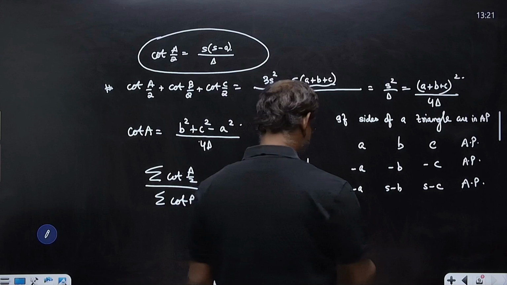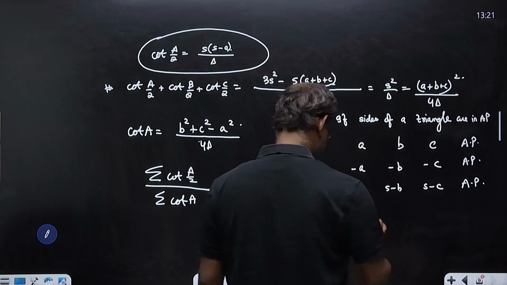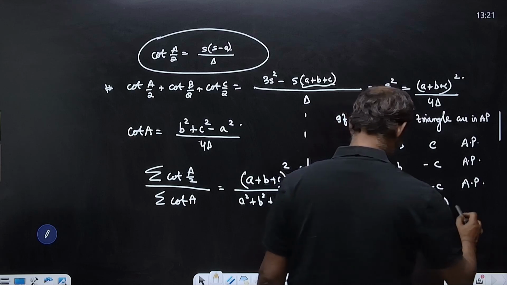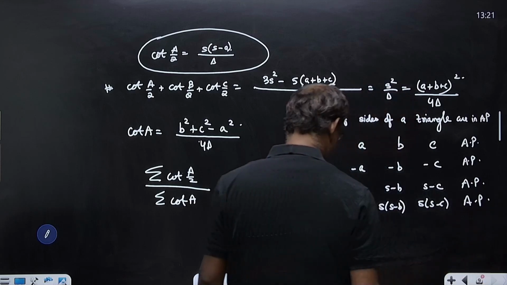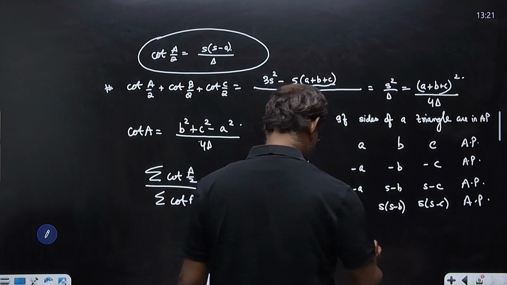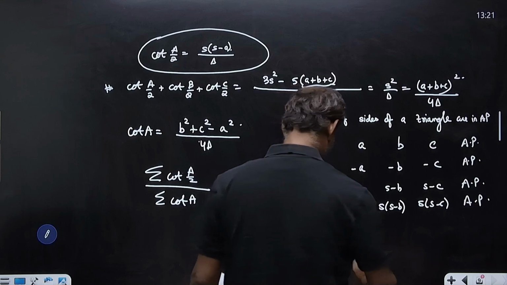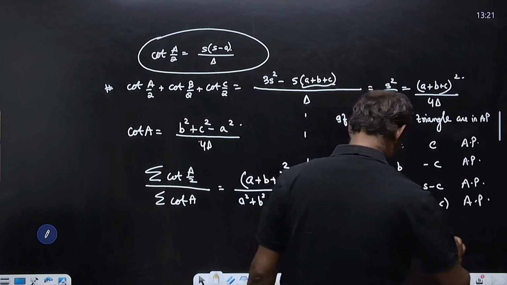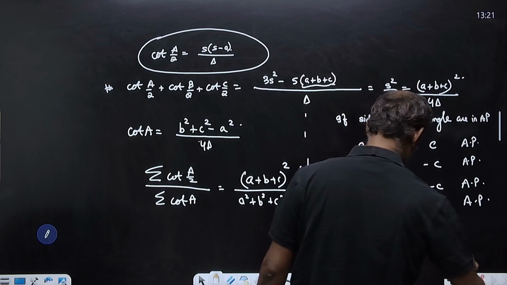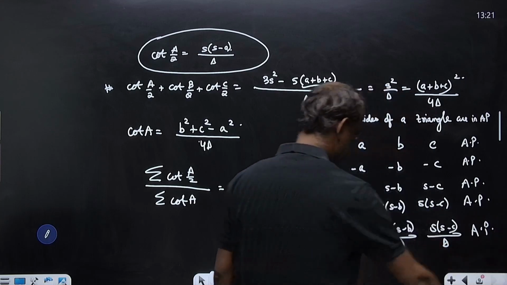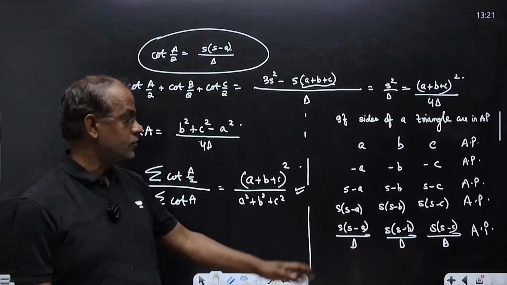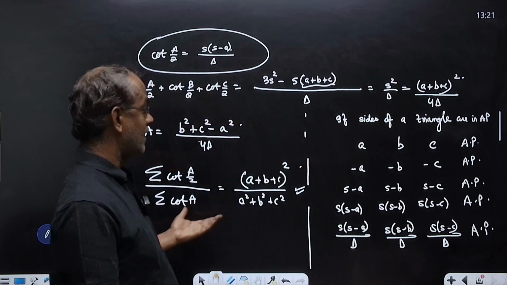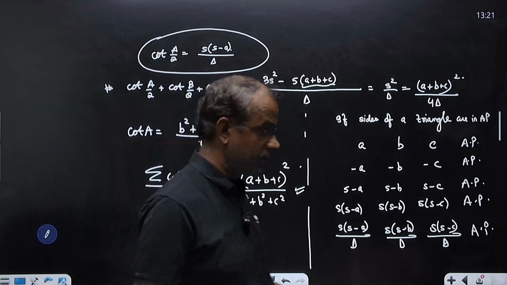You multiply all of them by S, and now you divide them by delta. In sequence and progression, hopefully you would have seen it. If sides of a triangle are in AP, so are cotangents of half its angles. Sin A, sin B, sin C will definitely be in AP.